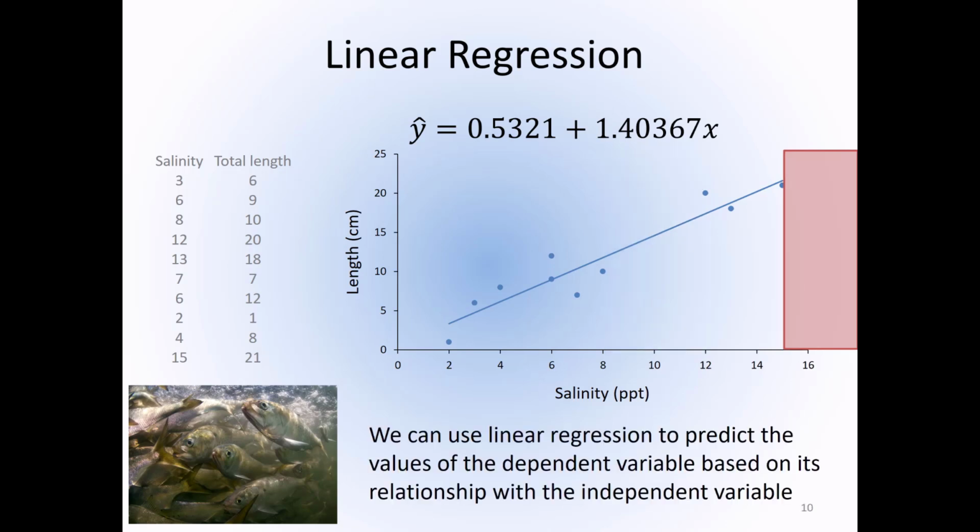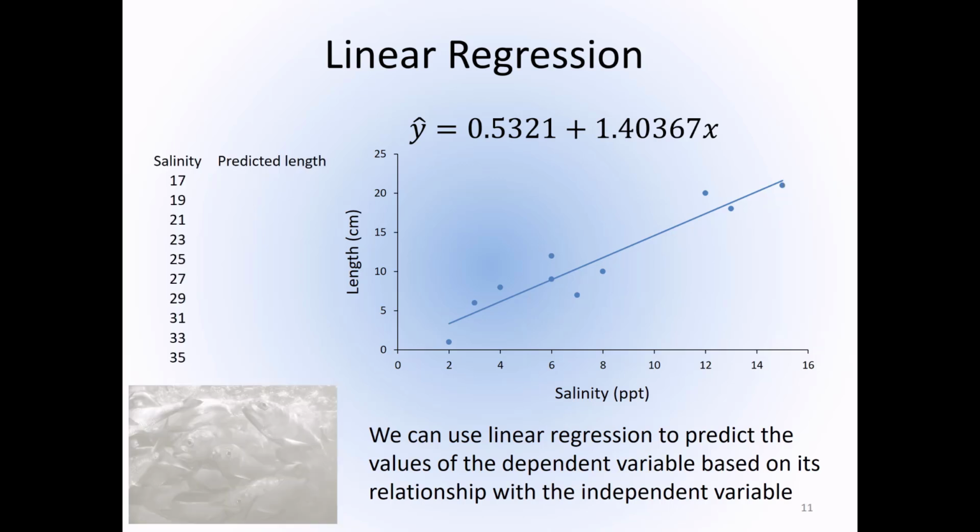Maybe this is the area we're interested in, because we know that menhaden move between lower and higher salinities, and we want to know, as they move into higher salinities, what size these fish are likely to be. We can potentially use our regression model to make these predictions, and then test those predictions with actual data that we go out and collect, to see how well our regression model fits once we go beyond the initial sampling range.